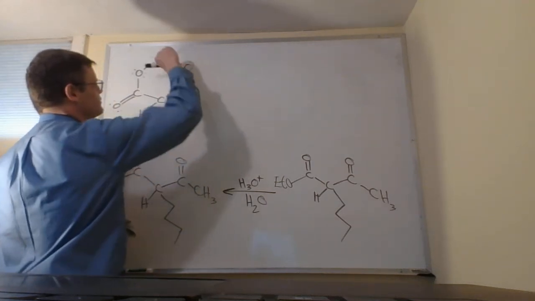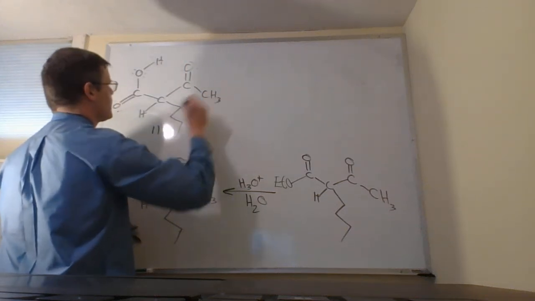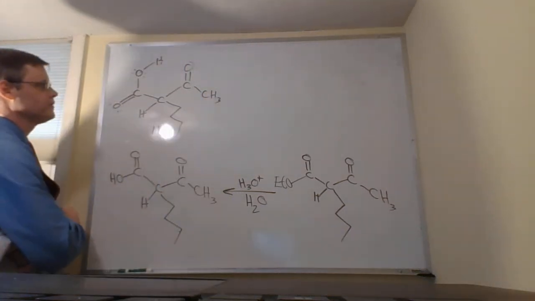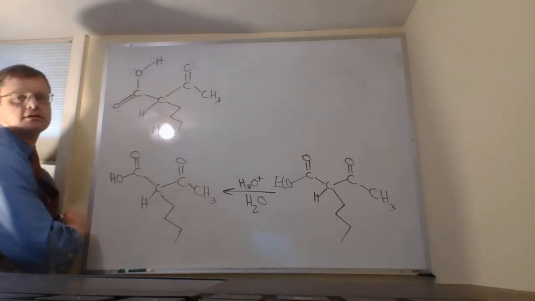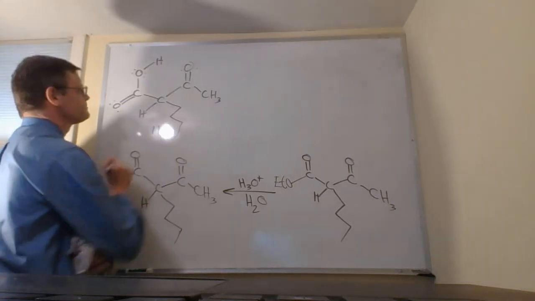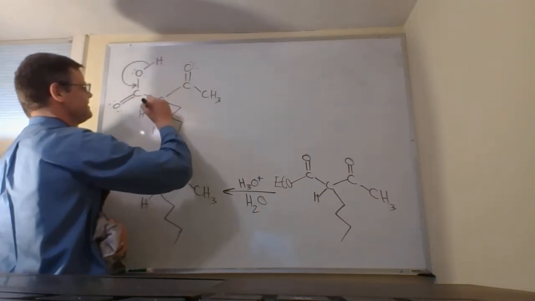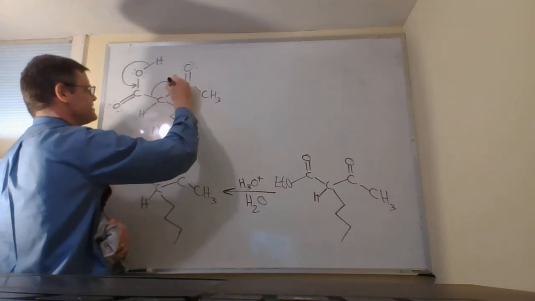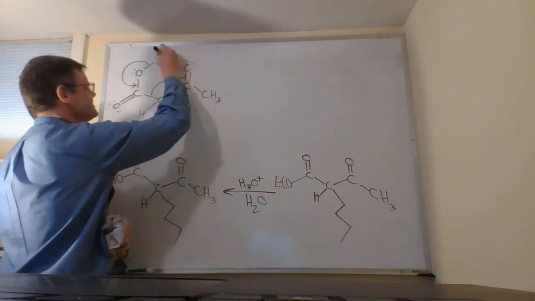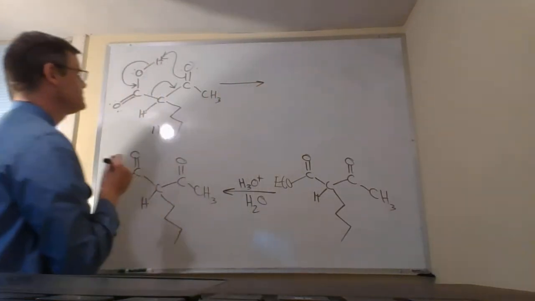And I'm doing that to bring this hydrogen closer here. And then I'm going to draw 3 curved arrows for the decarboxylation. I could go clockwise or counterclockwise, it doesn't matter. I had to think about that for a little while ago, just to make sure. It's like, does it matter? No, it doesn't.